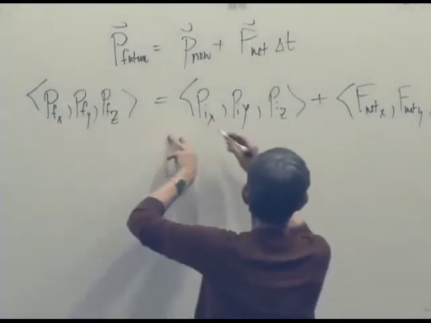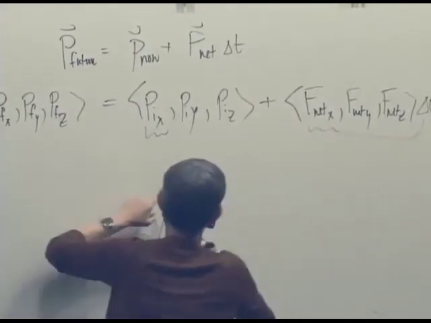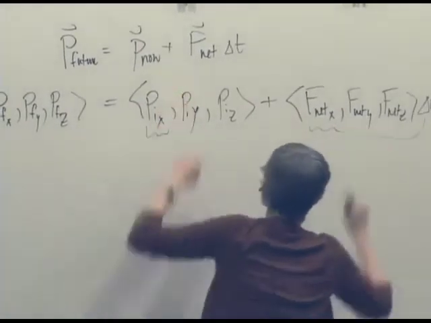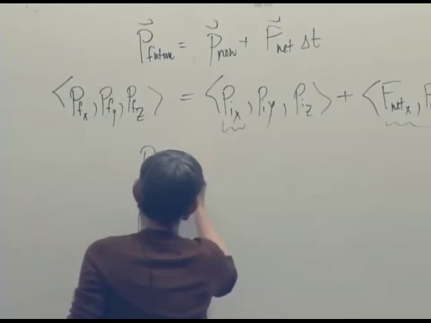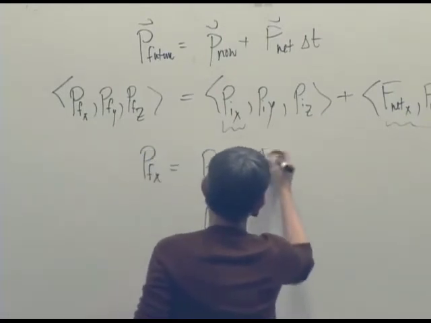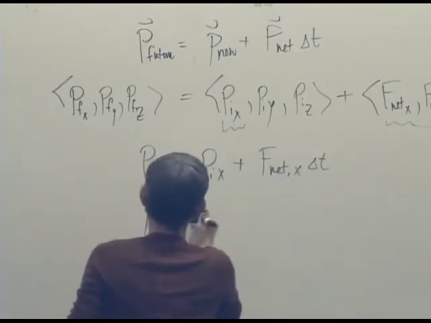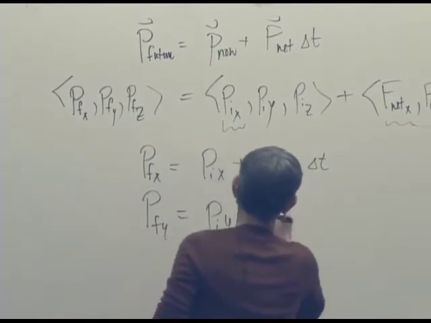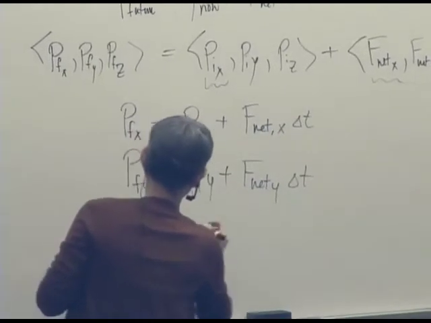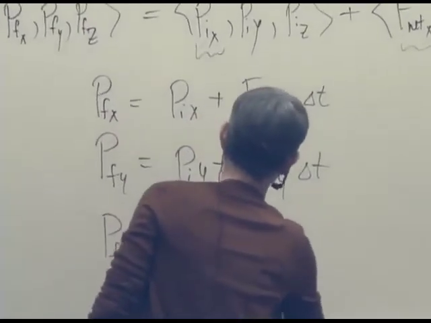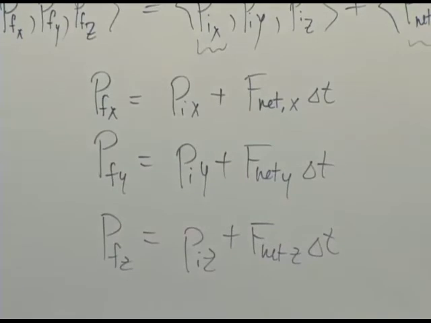Notice what we're going to be adding. We're going to be adding this to that times delta T. We're going to be adding this to that times delta T. We've really got 3 separate equations here. It says that we could write it as P final X equals P initial X plus F net X delta T, P final Y equals P initial Y plus F net Y delta T, P final Z equals P initial Z plus F net Z delta T.